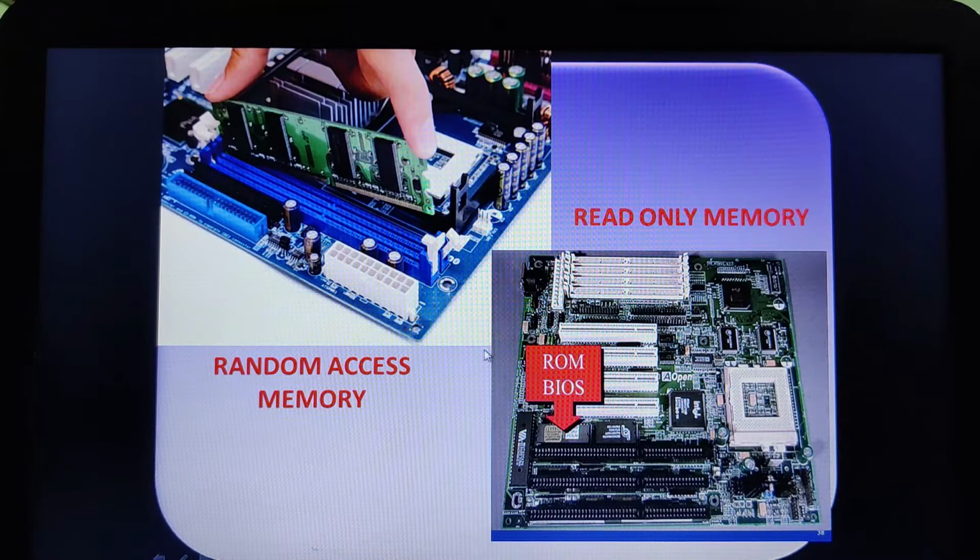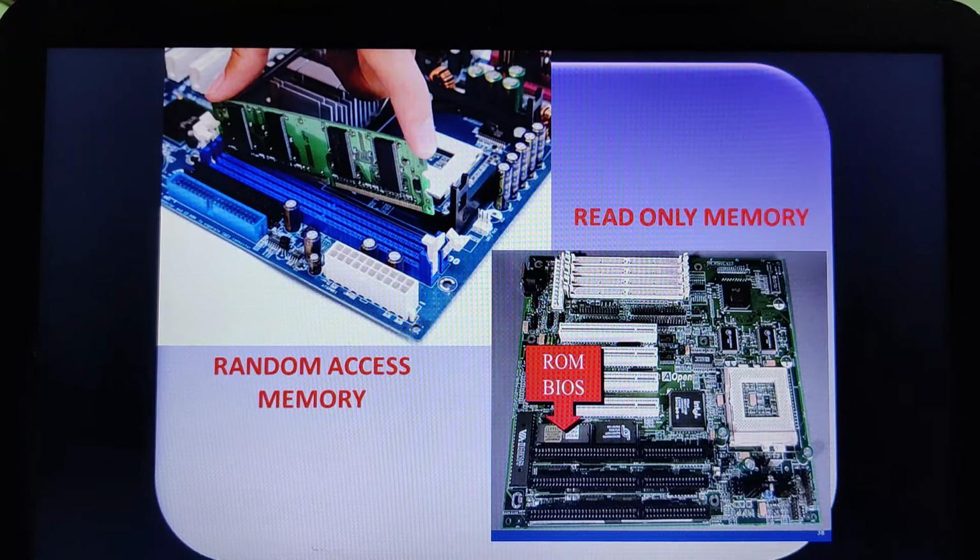What kind of information does random access memory hold? It stores the computer's operating system, the application programs, and the current data that the processor can reach quickly. We know that the operating system is loaded into the computer memory with the help of the BIOS chip from the read-only memory.